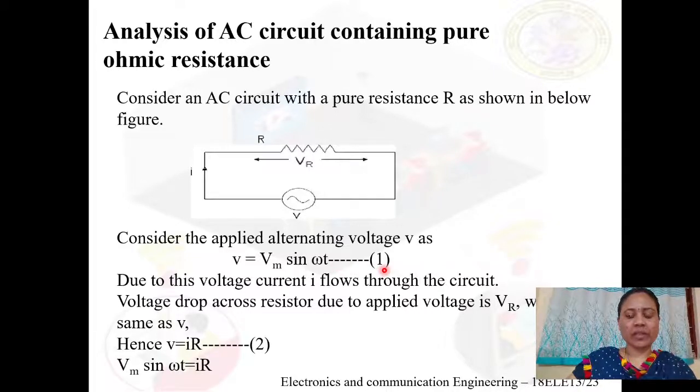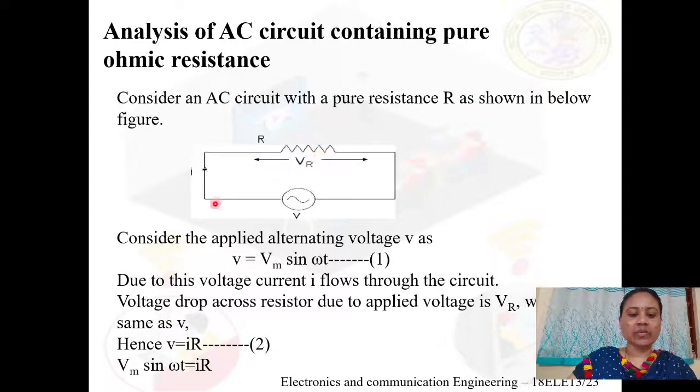We have seen in the previous classes that the voltage is sinusoidal in nature, and due to this applied alternating voltage, the current flowing through the circuit, I, is also alternating in nature. Let us see what the expression for I will be.